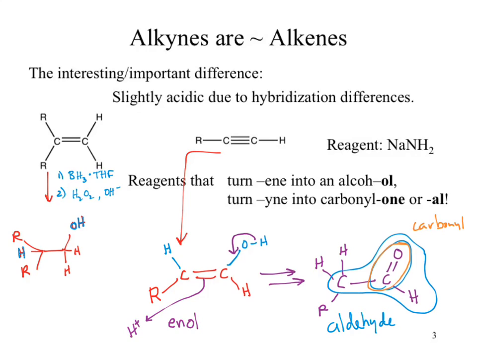So when we react our alkyne with our boron reagent, we end up with the aldehyde. We're still adding hydrogen, we're still adding OH. The issue with that is we end up with this crazy intermediate that goes through a special process known as a tautomerization, to make the more stable carbonyl structure.